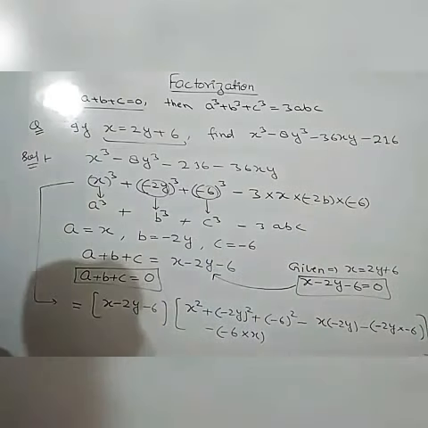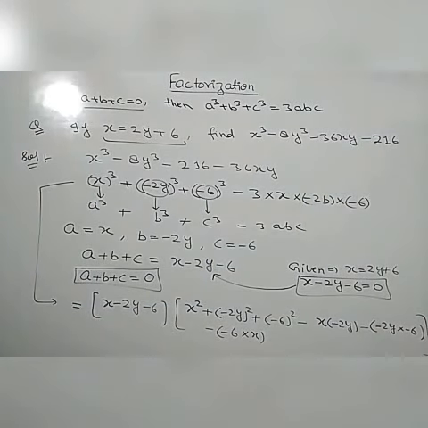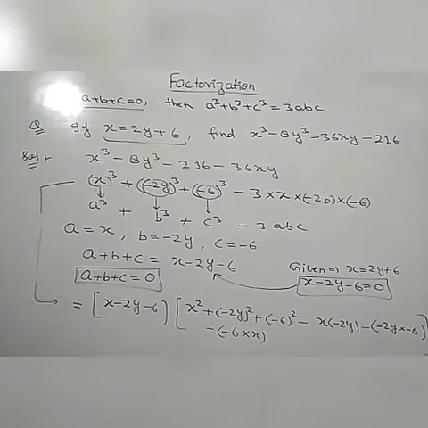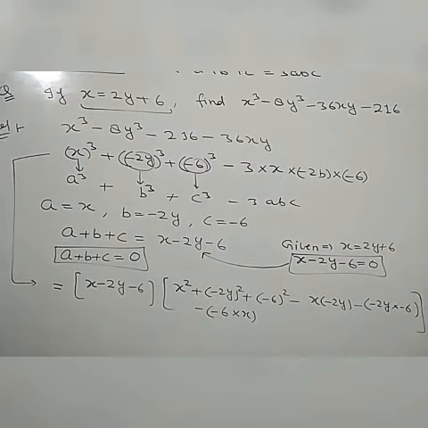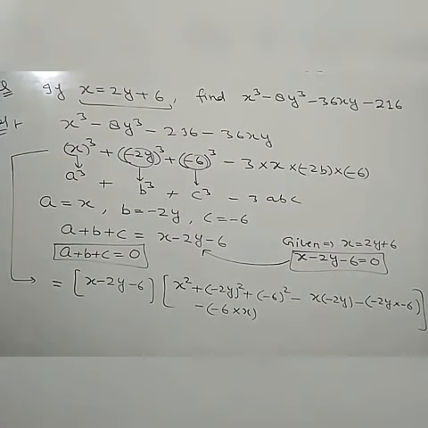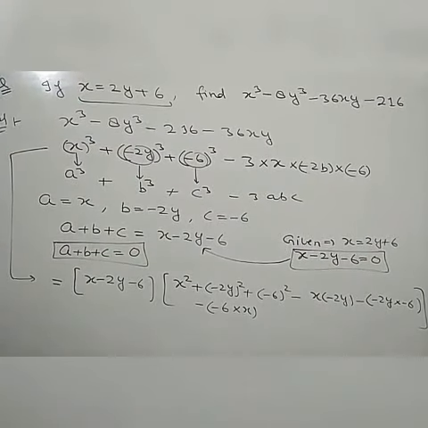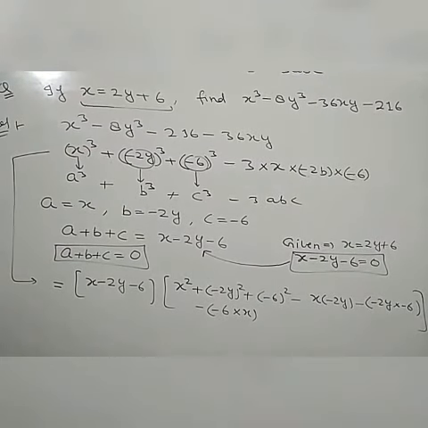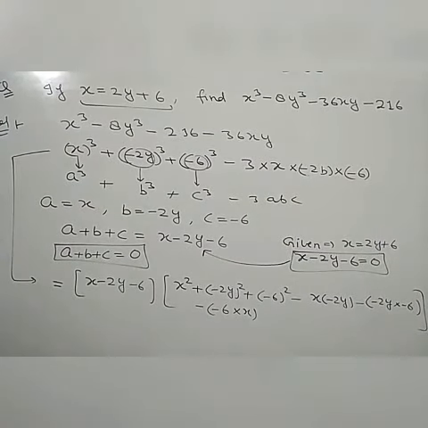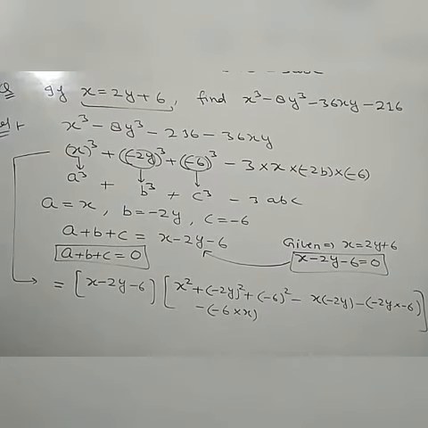This will be our second bracket. Note it down. The first bracket will be x minus 2y minus 6, and the second bracket is x square plus 2y square plus 6 square minus x into minus 2y minus minus 2y into minus 6 and minus 6 into x.